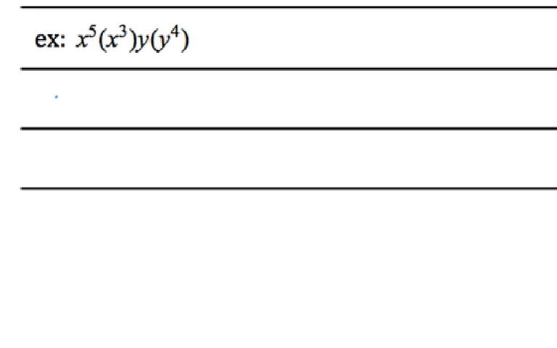I see the letter x. Now, even though these parentheses are here, they don't matter. It's not like I have something inside of parentheses being raised to a power. Then that would be altogether different, and we'll see that in a bit too. But these just have parentheses around them to kind of hold them off. So this is x to the 5th times x to the 3rd, which is x to the 8th. Now we'll move on to y.